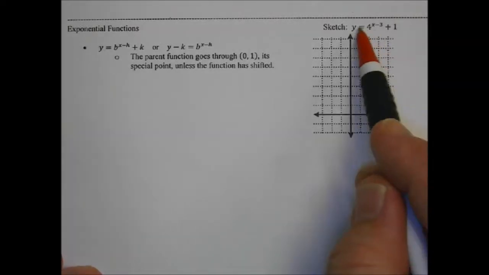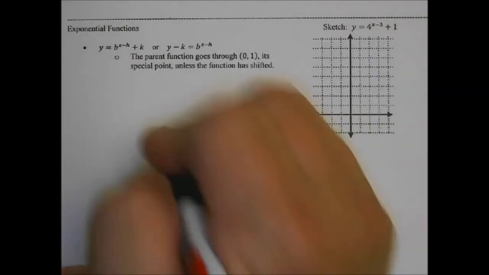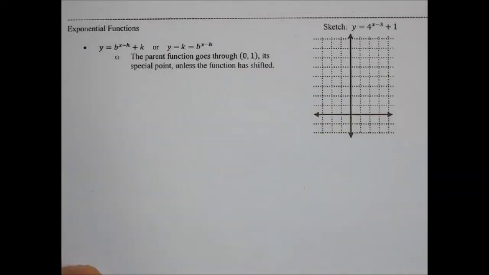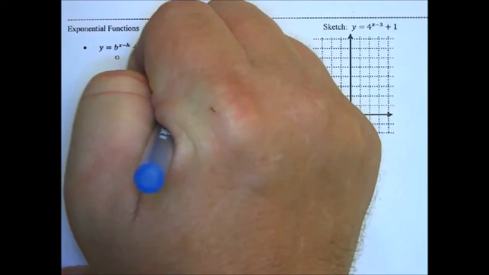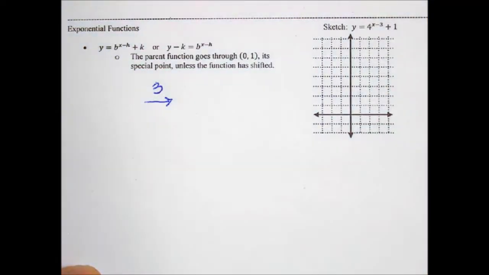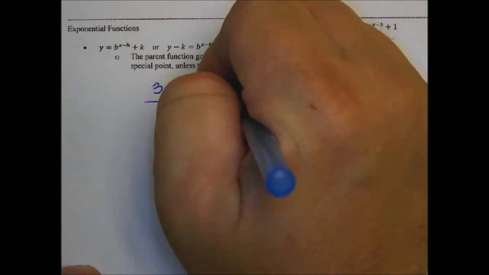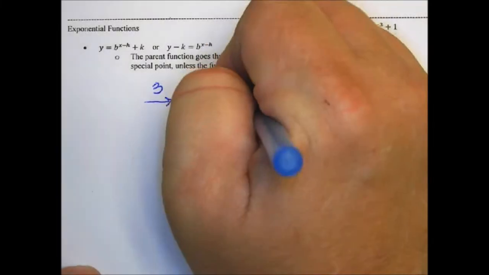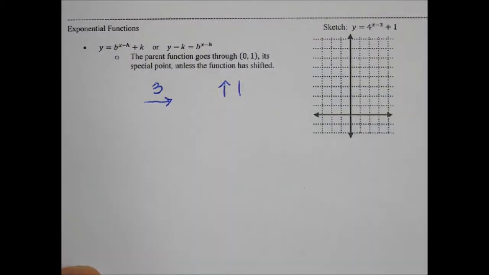Well, the equation itself tells us the shift for the key point. X minus 3 would mean go 3 units to the right. And then the plus 1 would mean go 1 unit up.